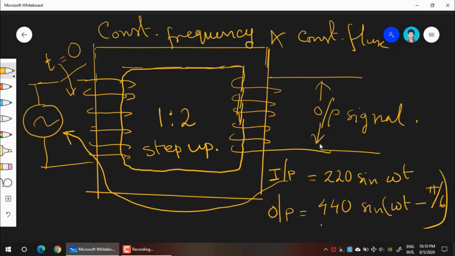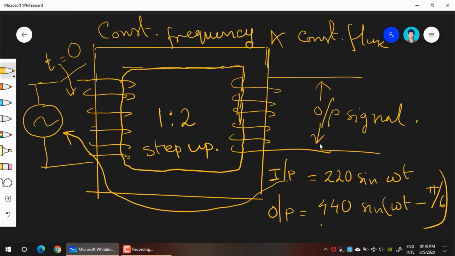Now the question is, just after this switching takes place, can we draw the phasor diagram? Let me summarize: we have one source, 220 volt sin omega t, connected to a transformer through a switch.